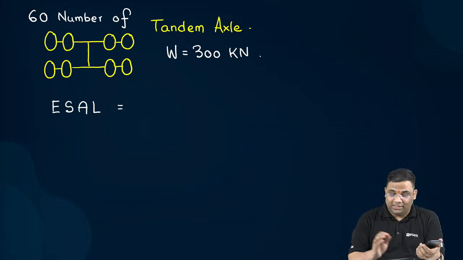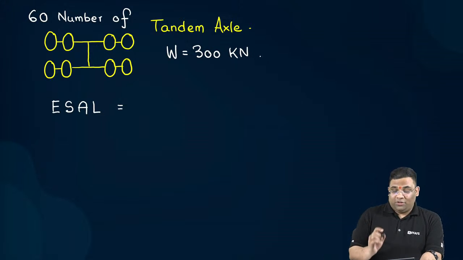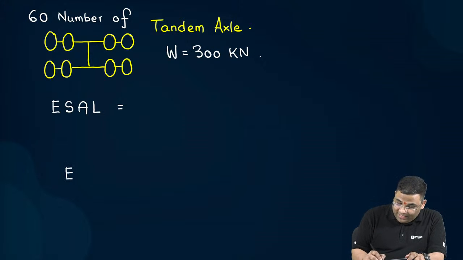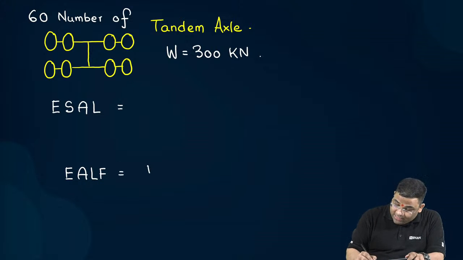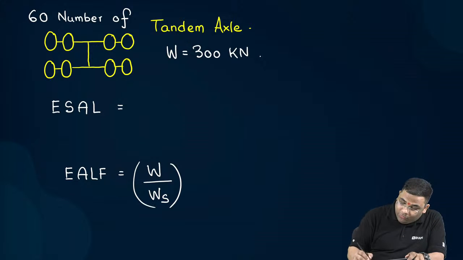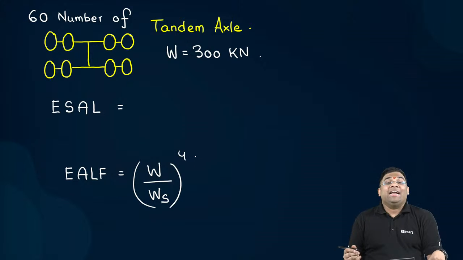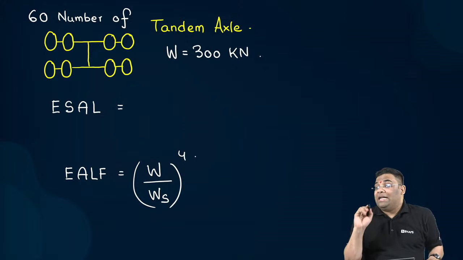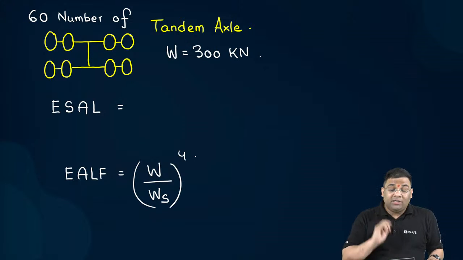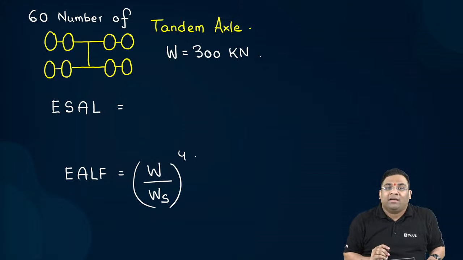Oh, that's great. First of all, tell me what is the equivalent axle load factor. That is the axle load divided by standard axle load to the power 4. Now understand that here I will not use 80 kilonewton because that depends on the type of axle, right?